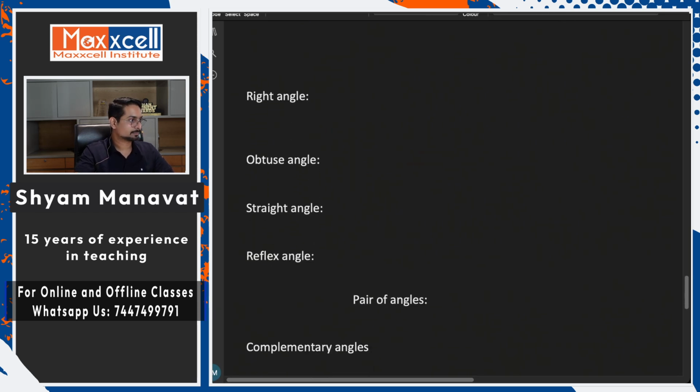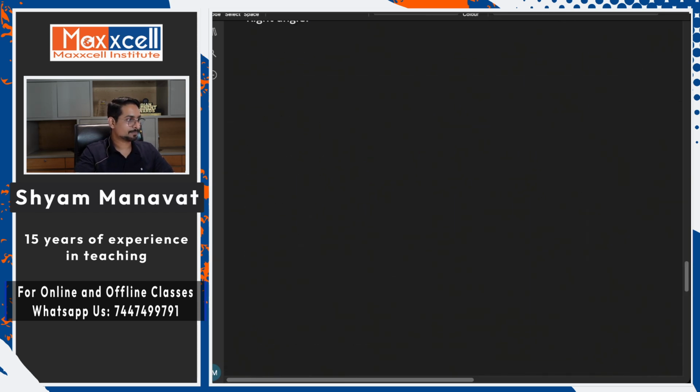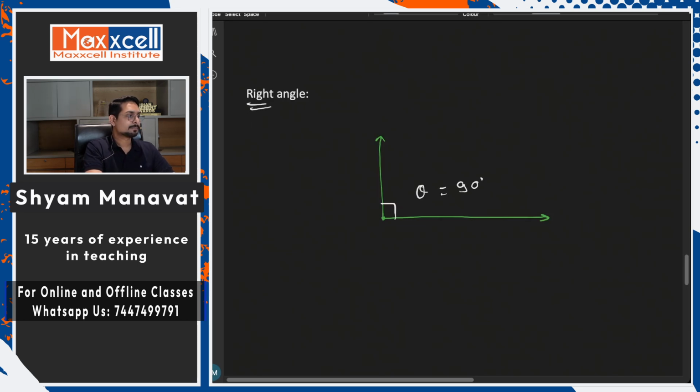And a right angle: in the case of an angle, if two rays are forming 90 degrees, then this is a right angle. So what is a right angle? It forms 90 degrees. What is an acute angle?